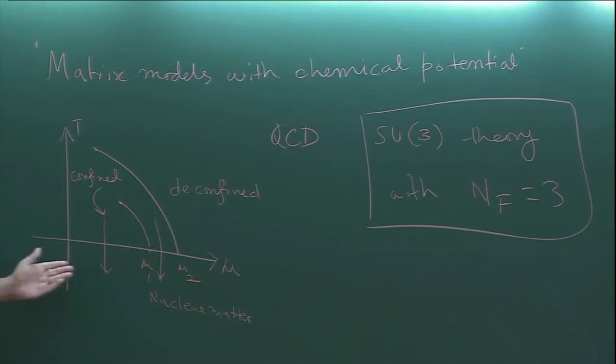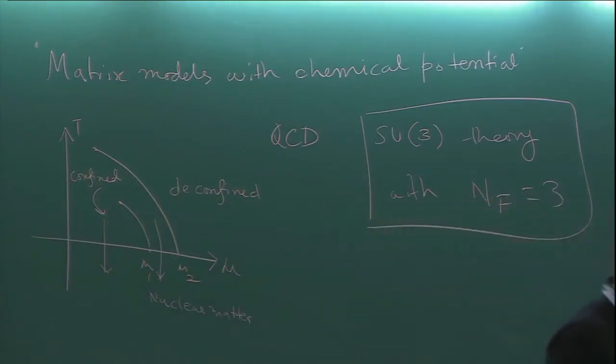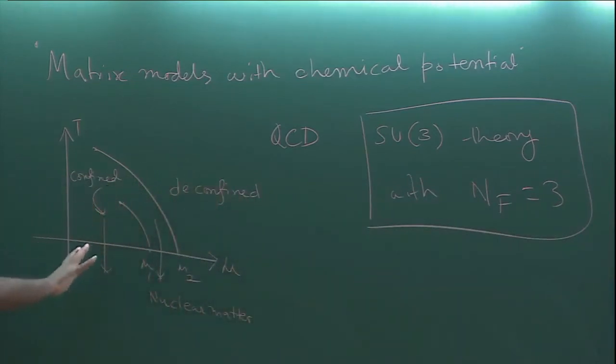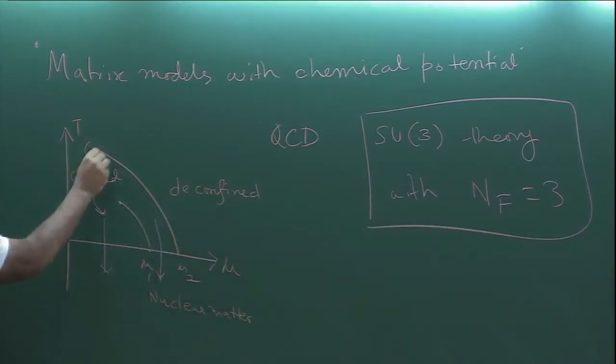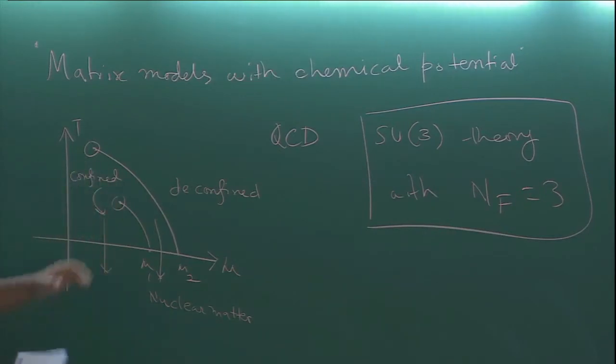As you increase the chemical potential, first you hit the nuclear matter phase where there is a non-zero baryon density, and then you go to the deconfined phase. Roughly this is the phase diagram. So you have two phase transitions, here you have a critical point, here you have a critical point, deconfined and confined phase, and nuclear matter, etc. This phase diagram is a little bit imprecise. If you change the mass, this changes, but this is the rough phase diagram.